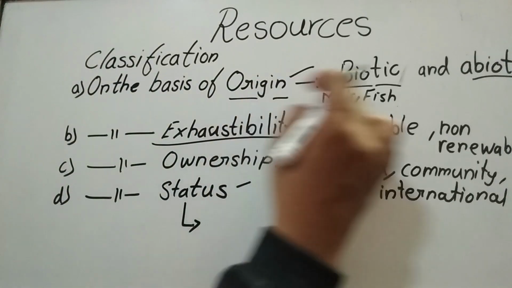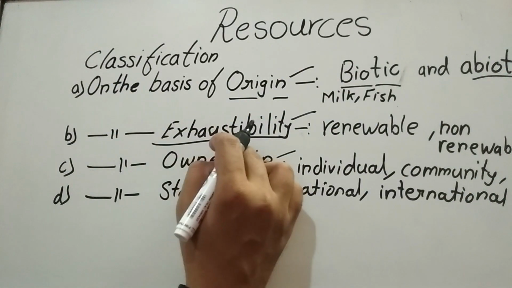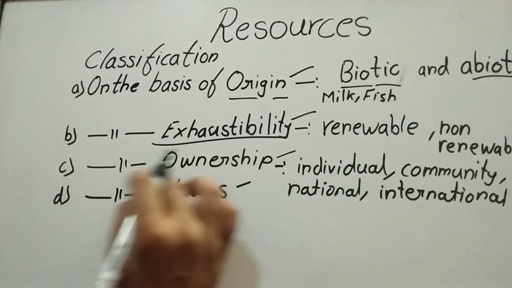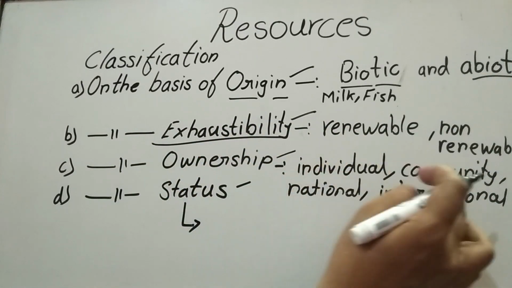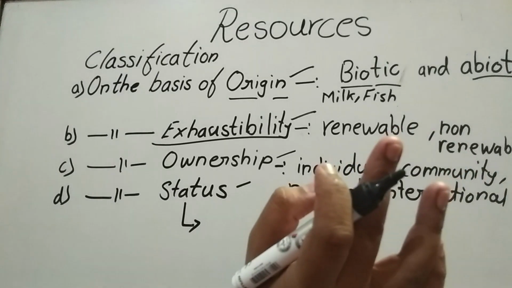On the basis of origin, biotic, abiotic. On the basis of exhaustibility, renewable, non-renewable. On the basis of ownership, individual, community, national and international.